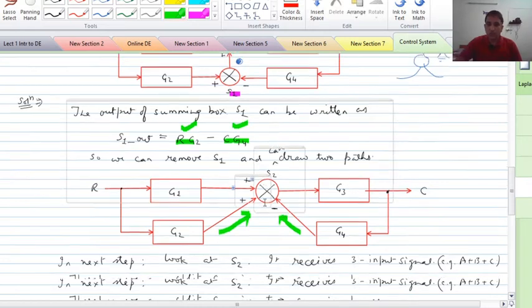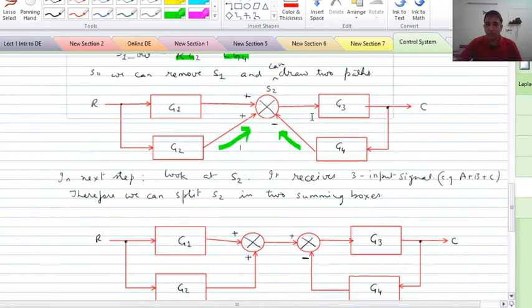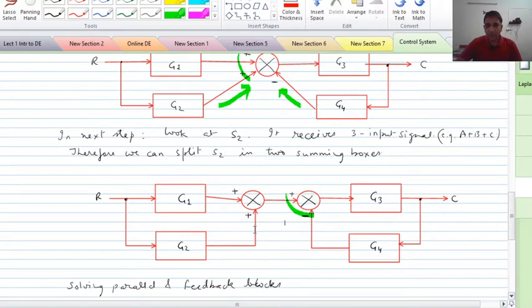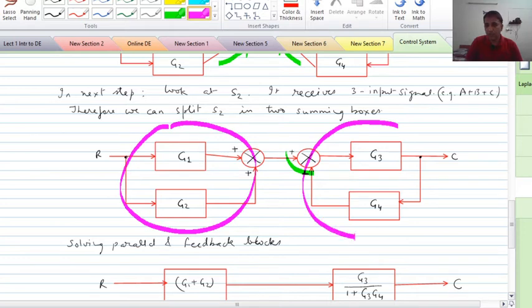Now we can split this summing box into two summing boxes because it contains three inputs, so we divide in such a way that two inputs are this one and two inputs are this one. So we will get a parallel block combination with this part and a feedback block combination with this part.